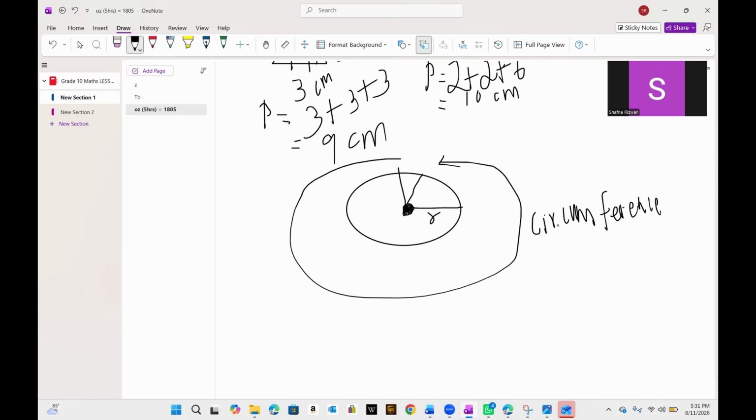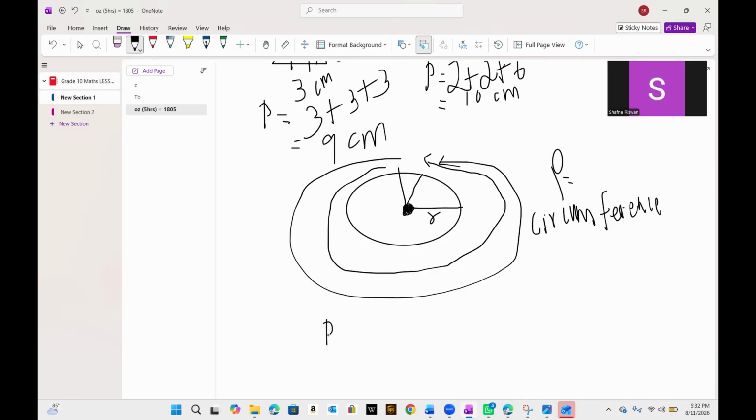The perimeter of the circle equals the circumference. Whatever length you get from here to here, that perimeter of the circle is known as your circumference. So perimeter of a circle and circumference are both the same because you are taking the total length of a circle.